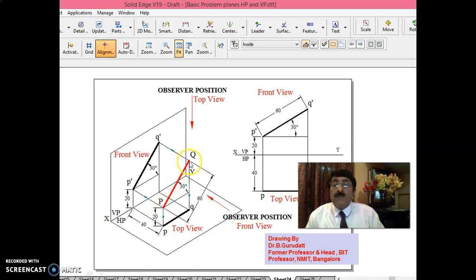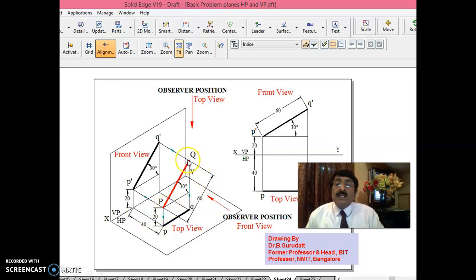Now I was moving Q only. P is fixed, Q I am moving with a constant inclination of 30 degrees to HP only. When Q is moved this way, it is nearer to VP. This way is nearer to the observer. But P is always a fixed point, 20 above HP and 40 mm in front of VP, and cannot change. It is only Q which is moving.